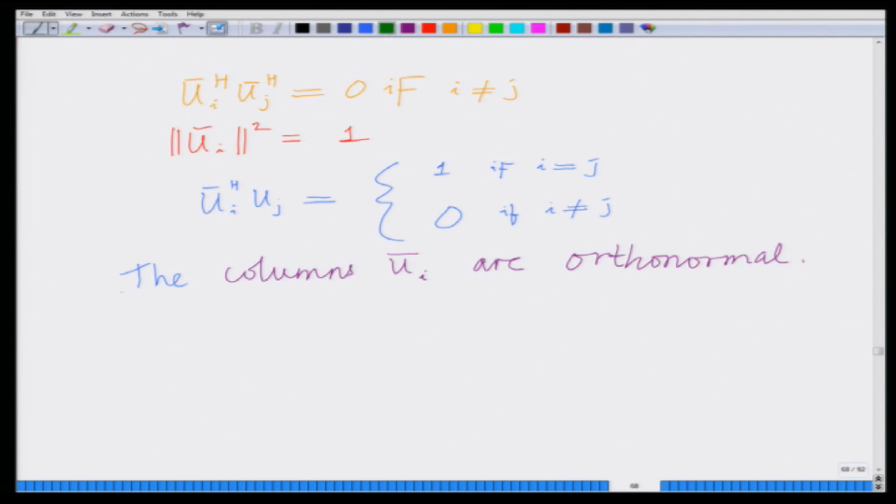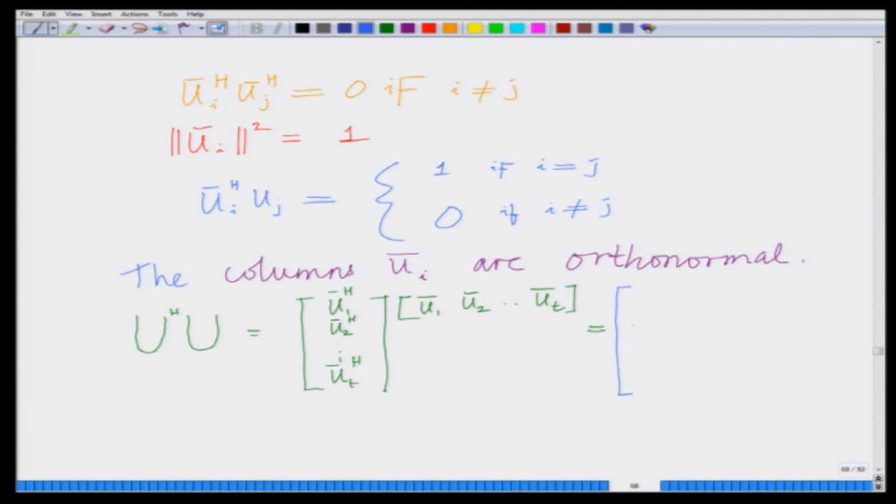Now, that means if I look at this matrix U Hermitian U, that is equal to u1 bar Hermitian, u2 bar Hermitian, uT bar Hermitian, times u1 bar, u2 bar up to uT bar, which is equal to the matrix, well, what is this matrix?